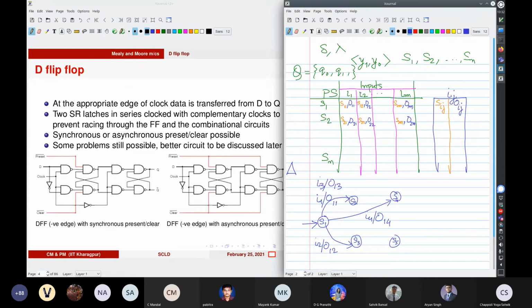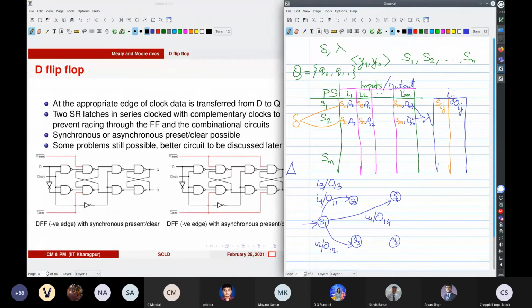This one is input slash output. In other words, this part is specifying delta. All these are specifying your delta, and in blue, all these are specifying your lambda.